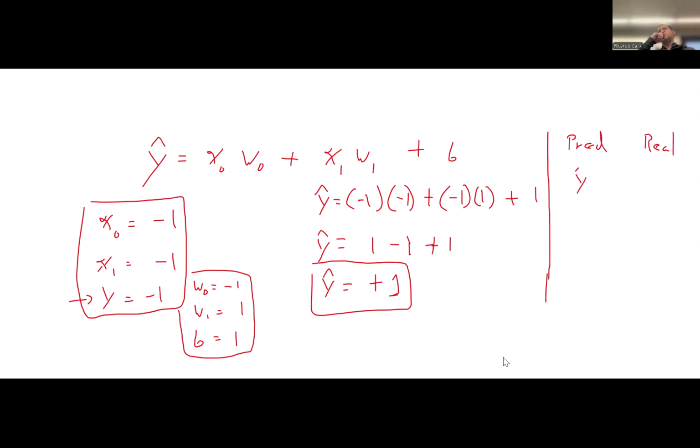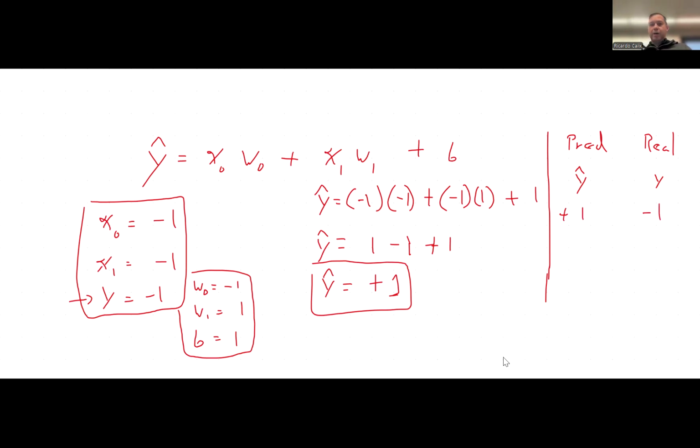That's the notation that you will see me use for the rest of the semester. A lot of this notation is new to you now, but it's not going to be new in 3 weeks, and it's going to be pretty consistent. So this gave us +1, but the real value is actually -1. Do you see what I'm saying? So they are different. It did not predict what it was supposed to predict, right?